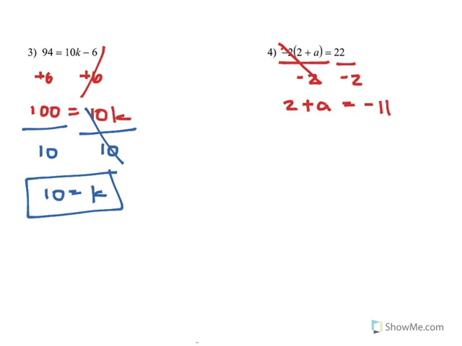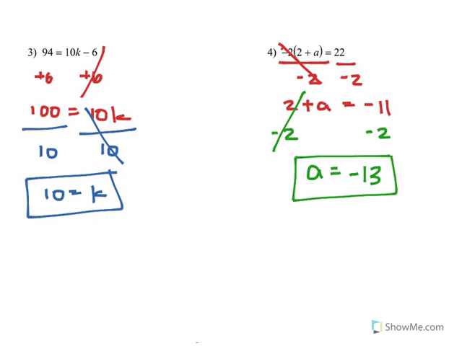Still working to get that variable all by itself, which means my next step is, I see a plus 2, so I'm going to undo that addition by subtracting 2 from each side. That cancels out that 2, leaving me with a equals negative 11 minus 2, which simplifies to negative 13, and our variable is by itself.